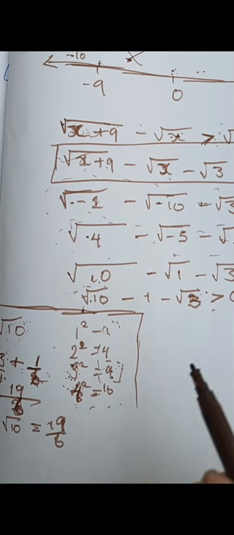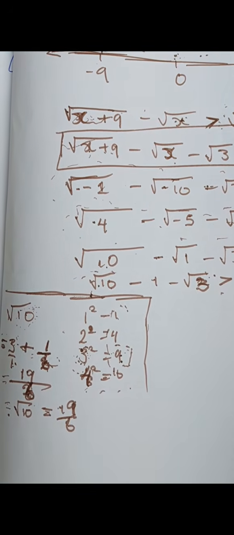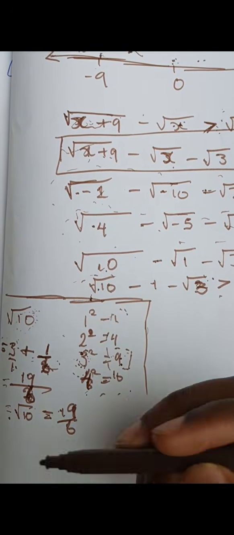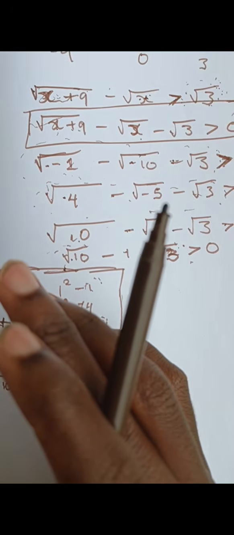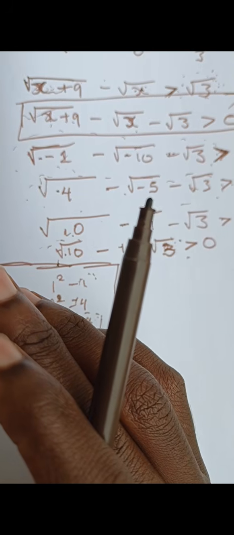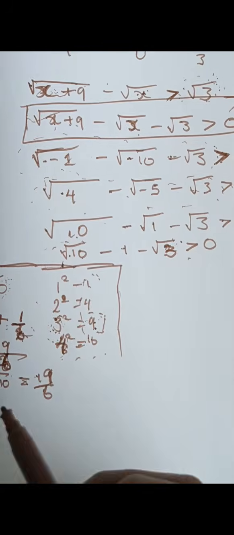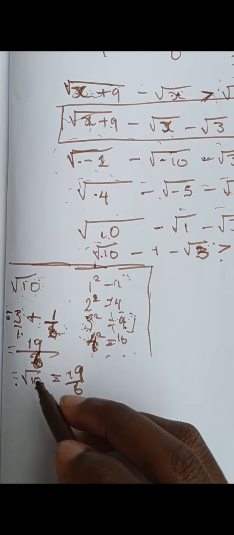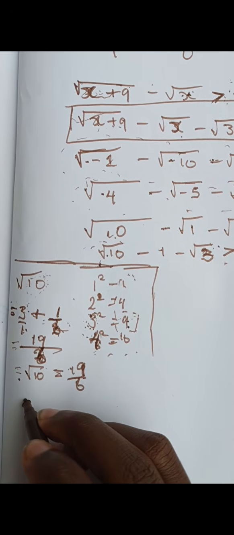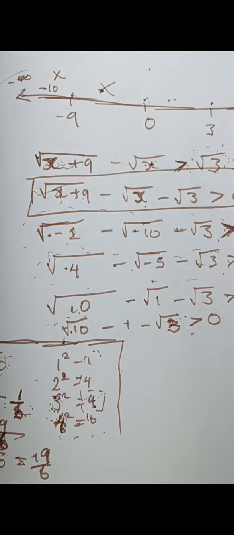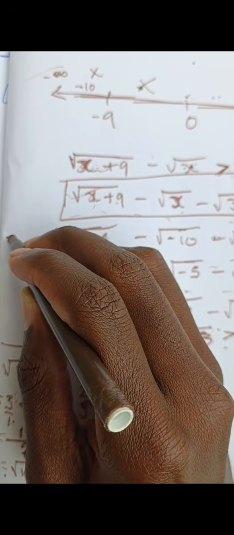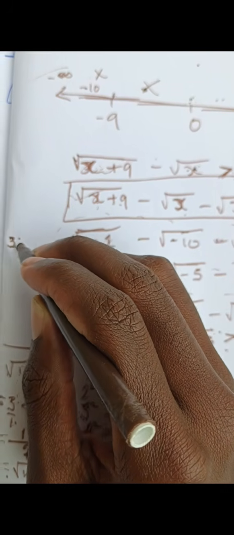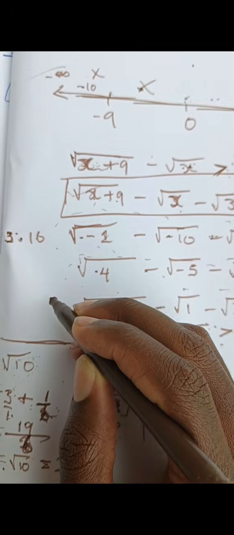All right, so some of you might be wondering, are you sure, Joseph, this answer, is it correct? This method is not 100% accurate, but it is almost there. Let me show you. If you punch on a calculator square root of 10, the calculator is giving us that square root of 10 is 3.16.